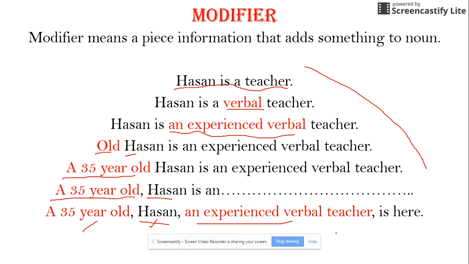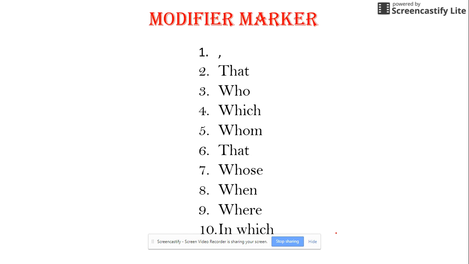This is the sentence. So finally, one thing that we should understand: a modifier can be a word, a group of words. It can be a phrase, it can be shorter, it can be longer, it can be anything.